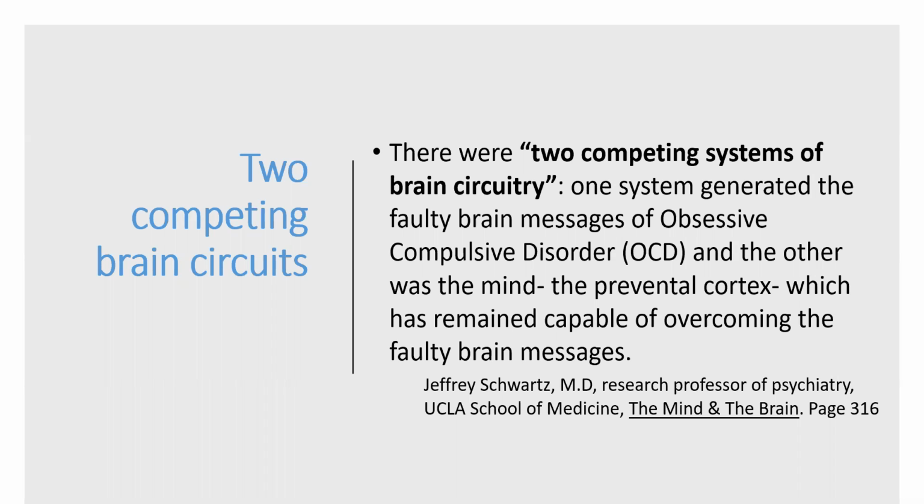So what he's saying through his research is that there are two competing systems of brain circuitry. And even though the lower brain is sending these toxic messages, and they can feel very powerful, in fact, it's the prefrontal cortex, the higher brain, that really has the power and the capability of overcoming these faulty, toxic brain messages.